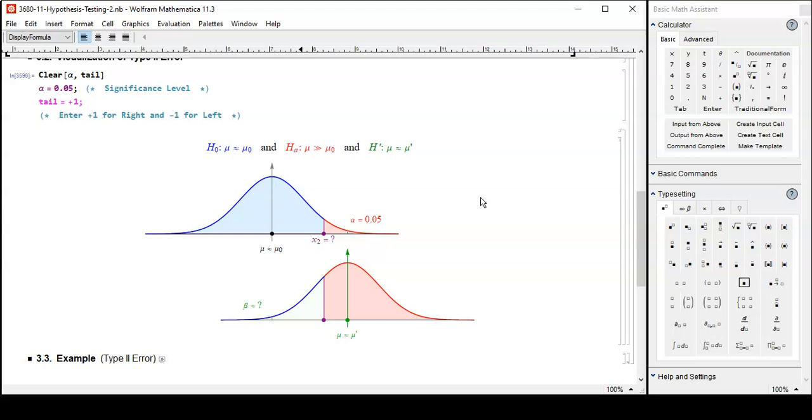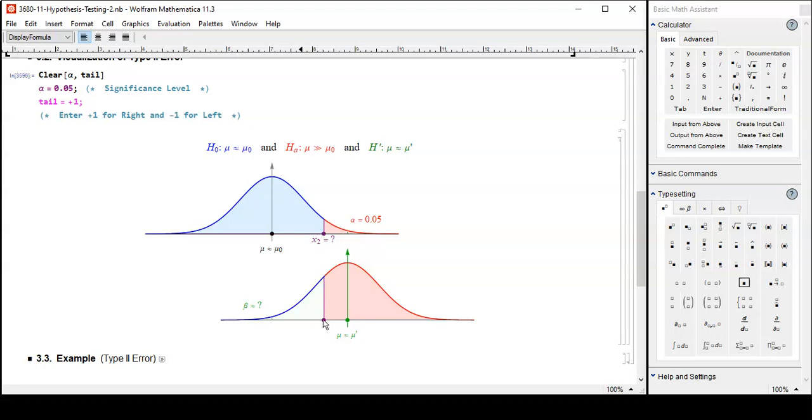Now, let us superpose a new hypothesis, H prime. Mu is about the same as mu prime, and let's suppose mu prime is here. So under this new hypothesis, you get this new normal curve centered at mu prime, and align this x value.